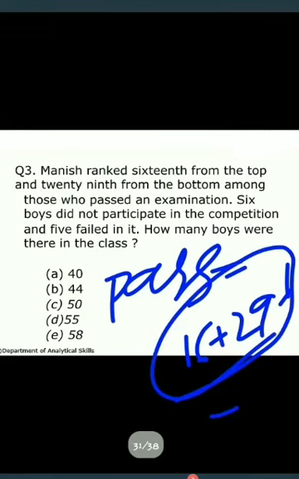So here we also have to add 6 students who did not participate in this competition and 5 boys are there who failed. So total number of boys will be, yes, those who passed plus those who failed plus those boys who did not participate.